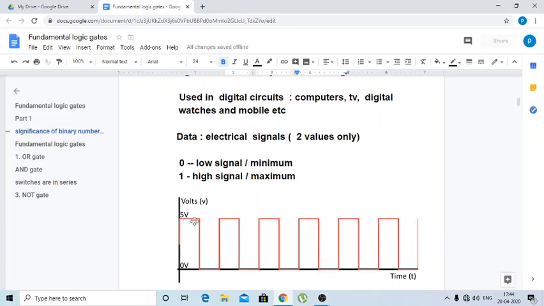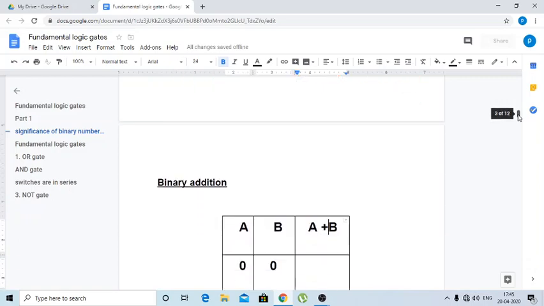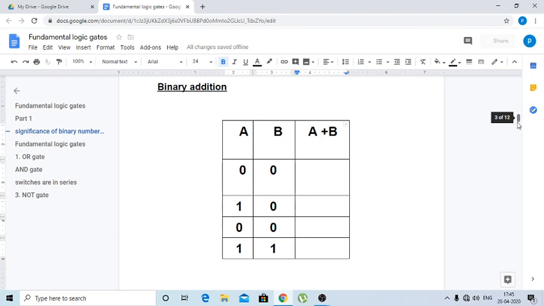Here the maximum signal equals 1, which is called high, and this is the low value, which is called 0 volts, and which is also represented by the binary digit 0. So students, this is the reason why the total data is converted into electrical voltage signals with the two values only.